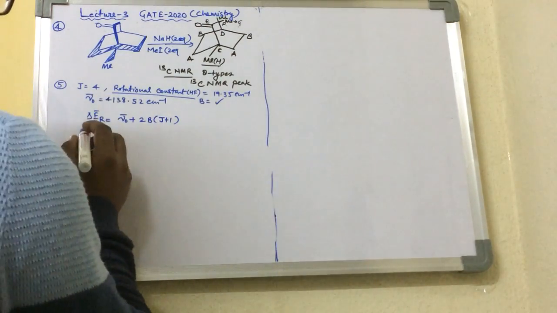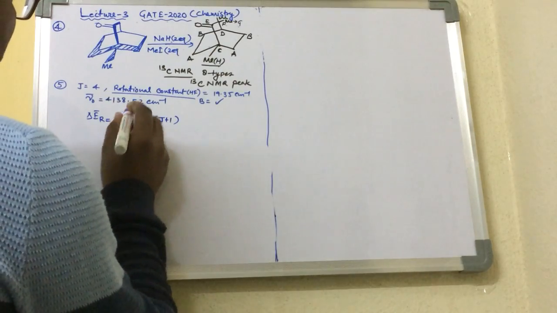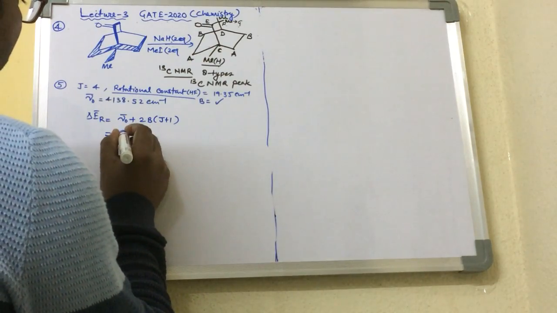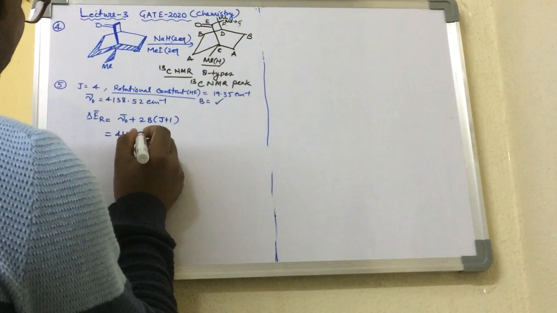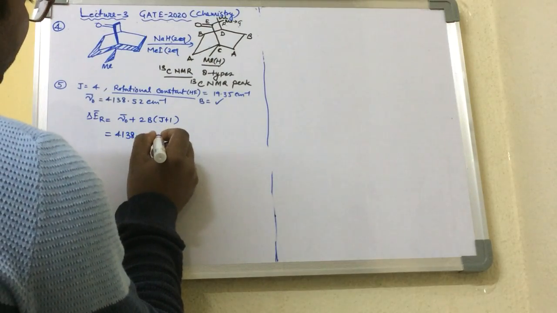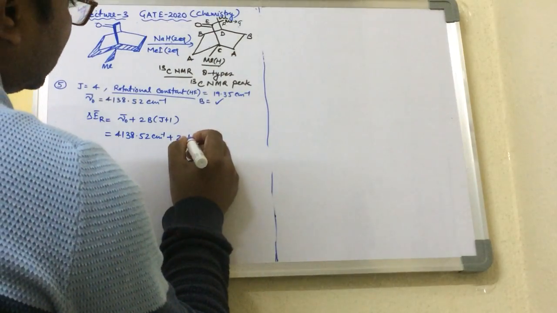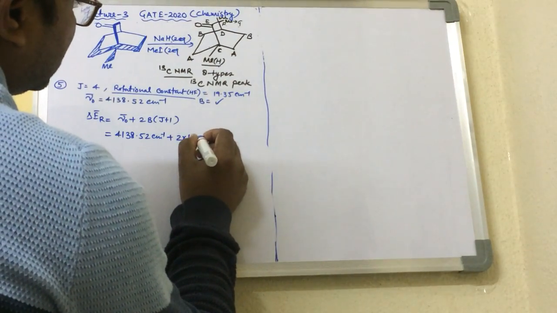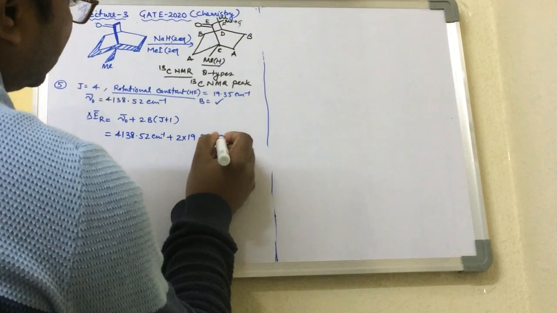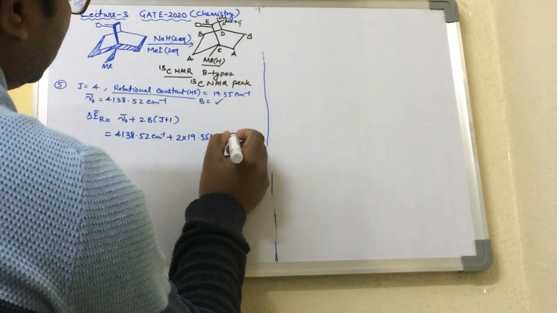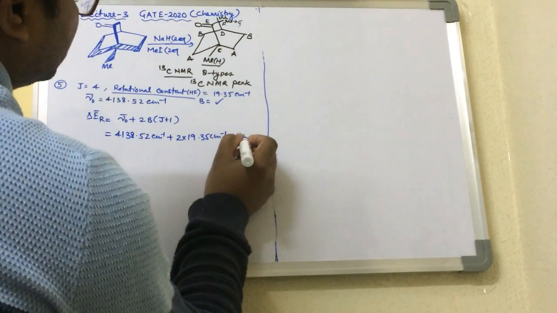Okay, so we put all these values. Nu 0 is given 4138.52 centimeter inverse plus 2, B is given to us 19.35 centimeter inverse, and J is given 4 plus 1.